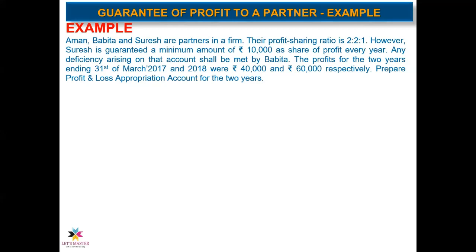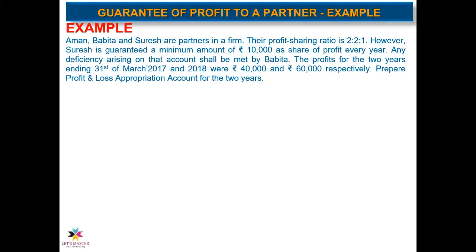That means whatever profits this partnership firm of Aman, Babita, and Suresh will earn will be distributed among all these three partners in the ratio of 2:2:1. However, Babita assured Suresh that in any case, his share of profit will not be less than 10,000.